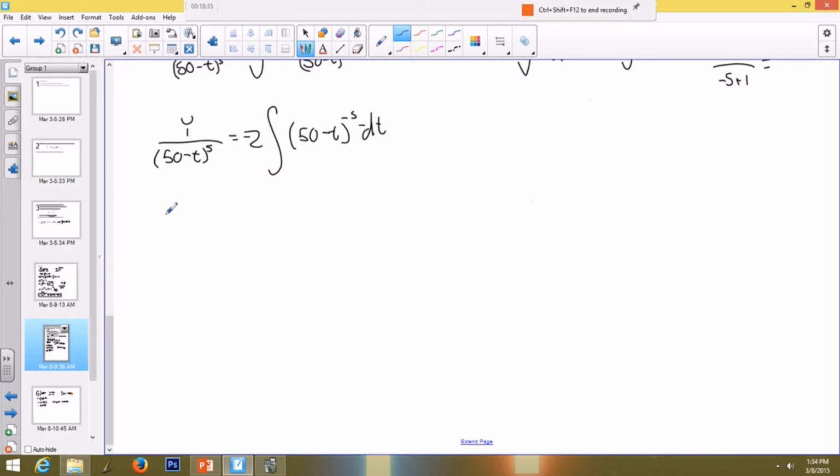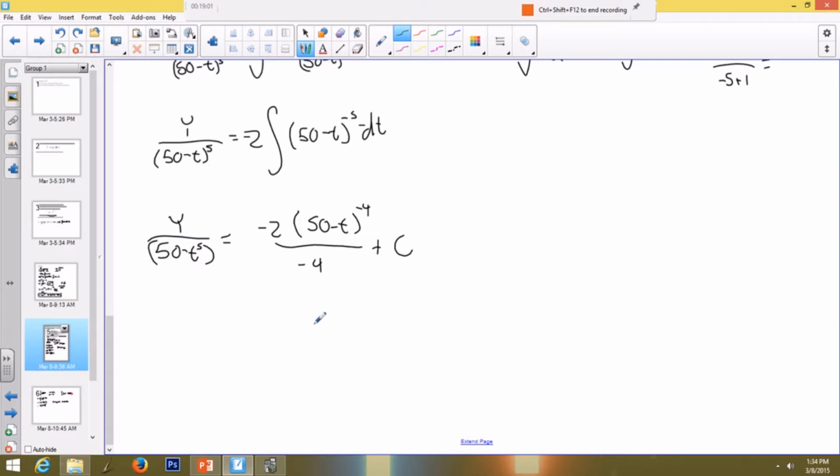And so when I do this, I get, again, y over 50 minus t to the fifth is equal to negative 2, and then this thing becomes 50 minus t to the negative fourth over negative 4, and plus some constant c because I'm doing the integral. Now this is the constant that takes into consideration the constant that I left out earlier.